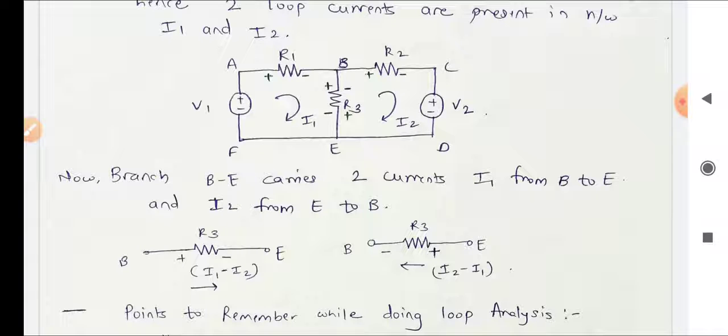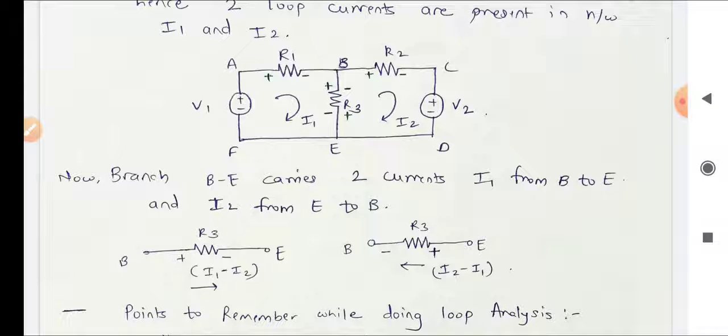According to the flow of current, first of all we are going to give all the sign conventions. The flow of current is in clockwise direction, so we give the sign conventions accordingly. Here I1 is flowing through R3 and I2 is also flowing through R3, but as we are considering loop 1, I1 flows from B to E. So the B terminal will be marked positive and the E terminal negative.